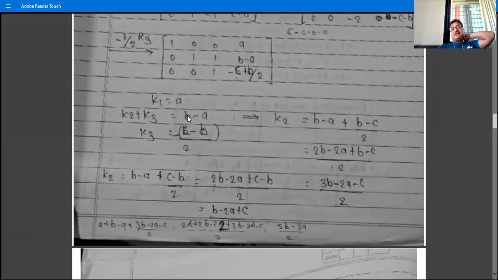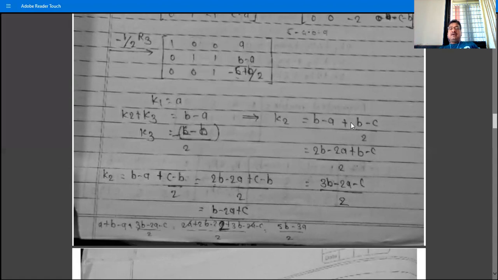So rewrite the equation. We have K1 into 1 is K1, plus 0 into K2 is 0, plus 0 into K3, is equal to A. Then the next equation: K2 plus K3 is equal to B minus A. And the last equation: K3 is equal to minus (C minus B) by 2.